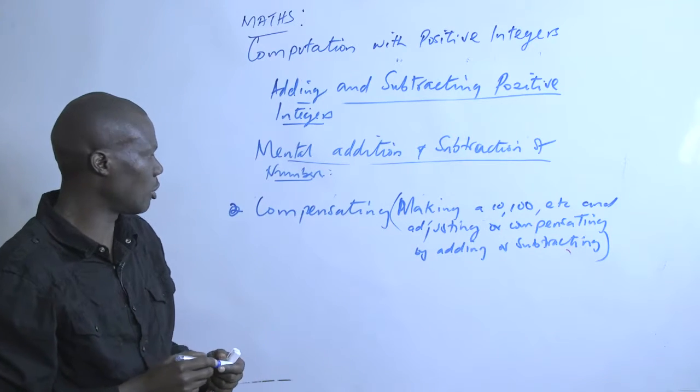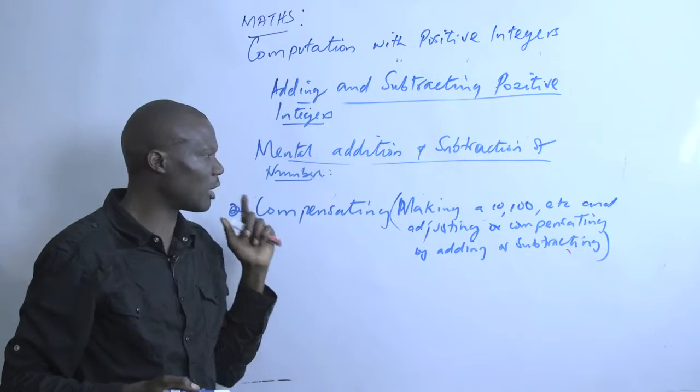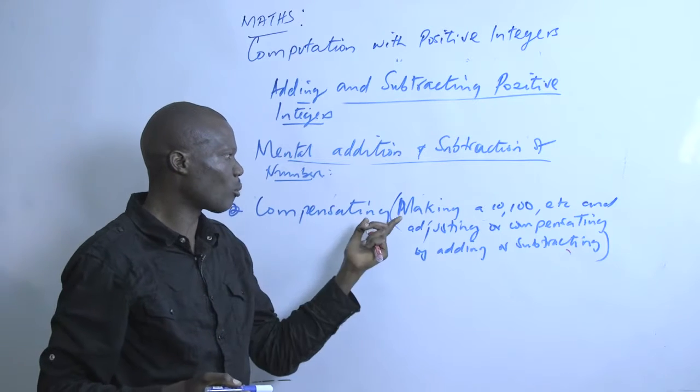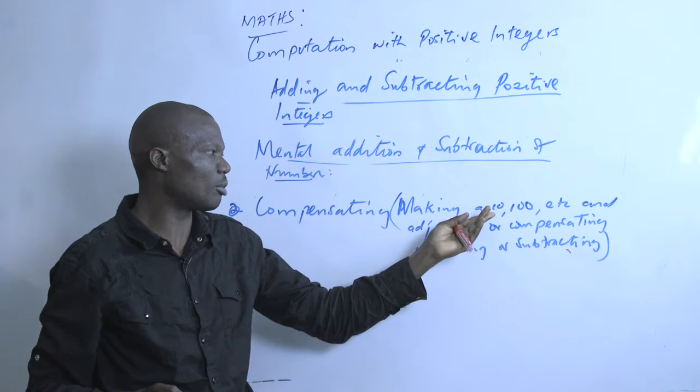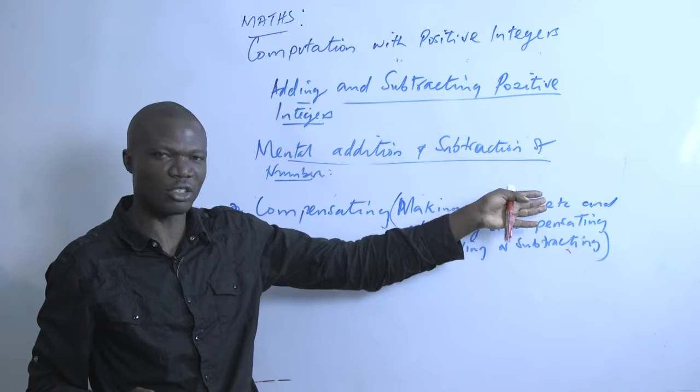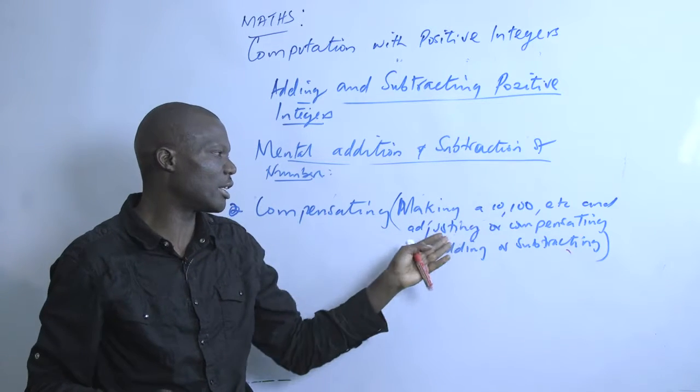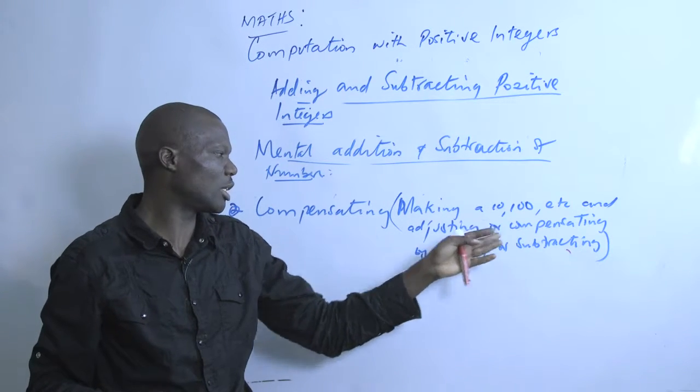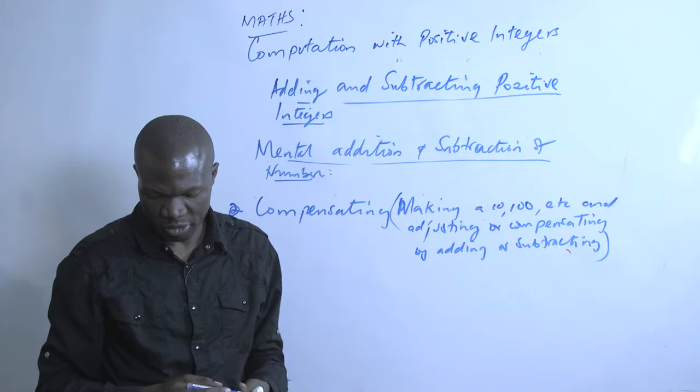So if we are looking at compensating, this is whereby we make either a group of tens, hundreds, thousands, and so on, and adjust or compensate by adding or subtracting.